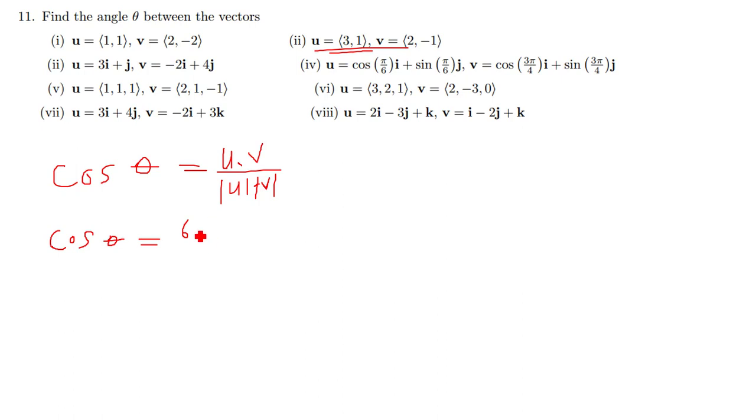So we can just say minus 1. Then over the magnitude of this, which is just 3 squared plus 1, which is 9 plus 1, which is 10. So we have the square root of 10 there, multiplied by the magnitude of v, which is 2 squared, 4, plus 1 squared, which is the square root of 5.